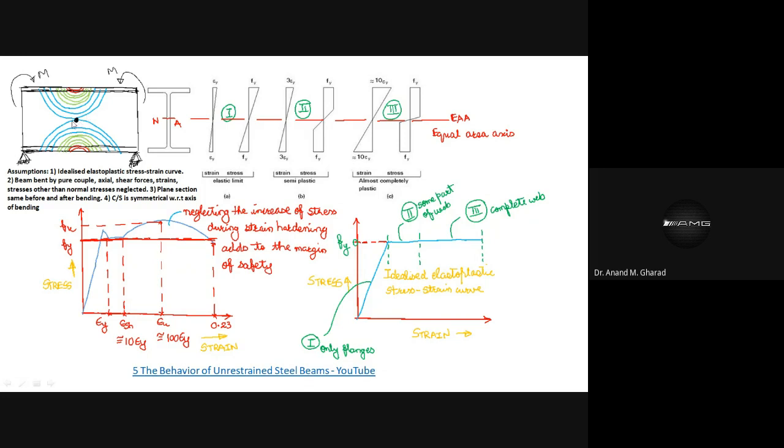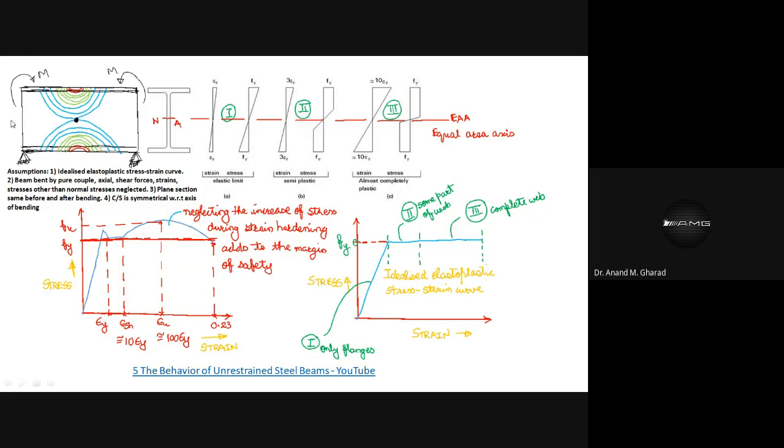This point is known as a hinge, which is commonly known as a plastic hinge. Why plastic hinge? Because at this point, whatever stress is developed is related to the plastic zone, and therefore the associated hinge is known as a plastic hinge.